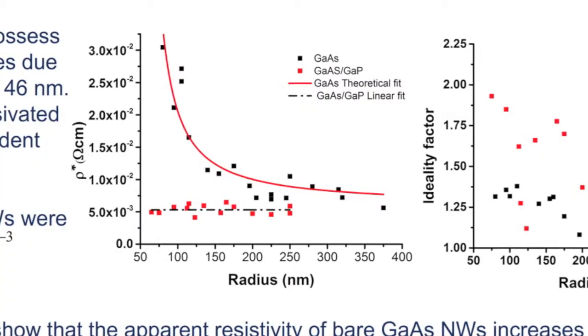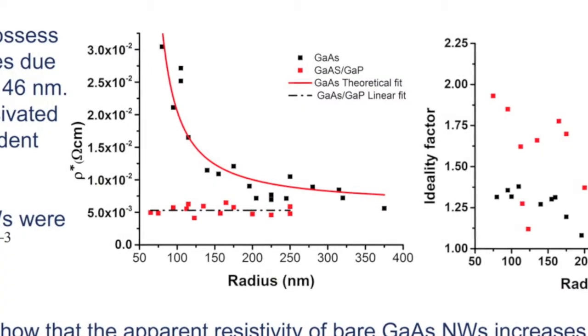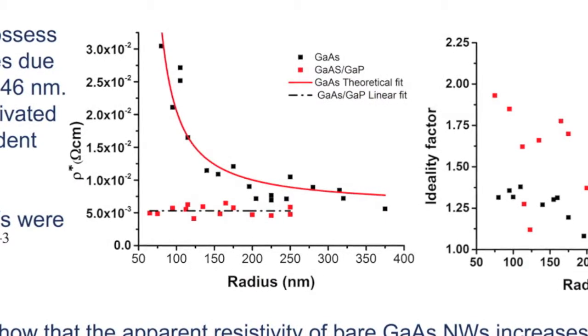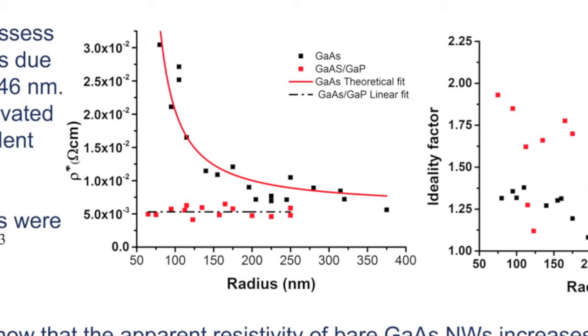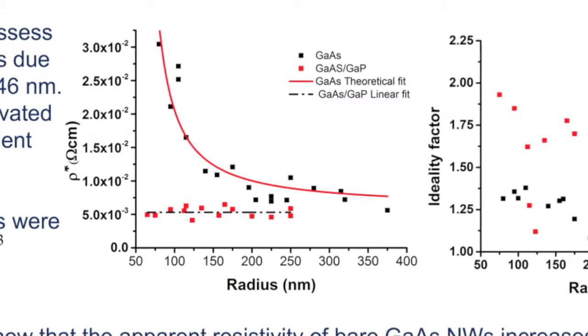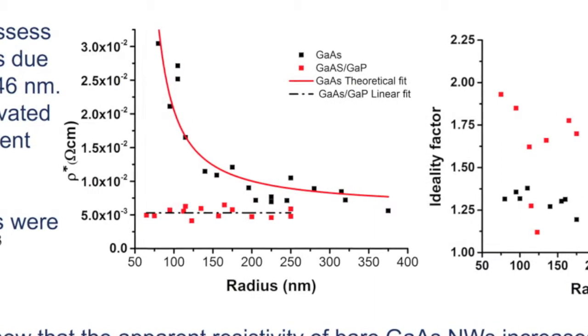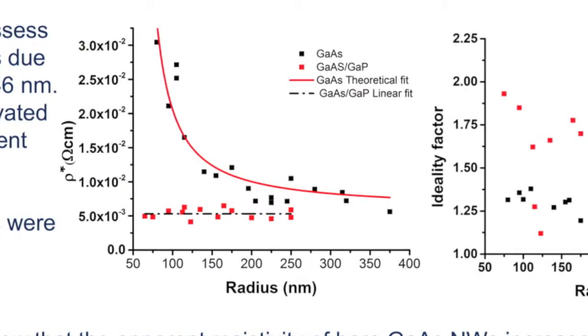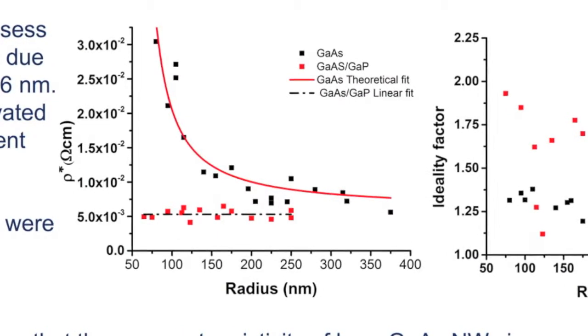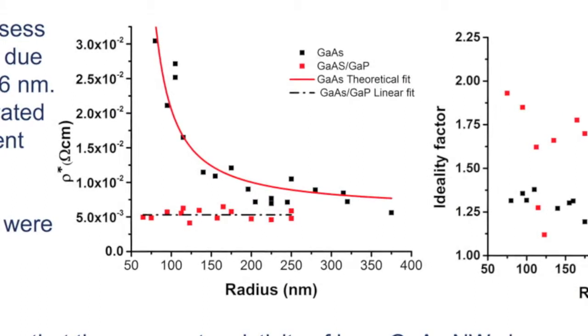As you can see here, for gallium arsenide core without passivation, when we do the electrical measurement, as we go from large diameter nanowires to thin nanowires, the resistivity increases.